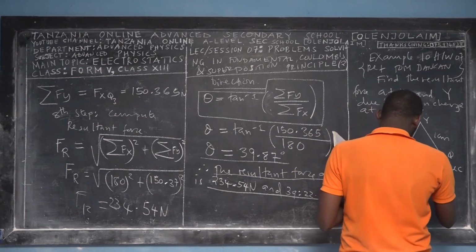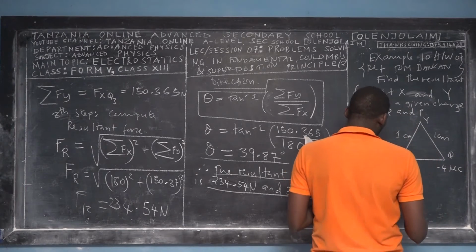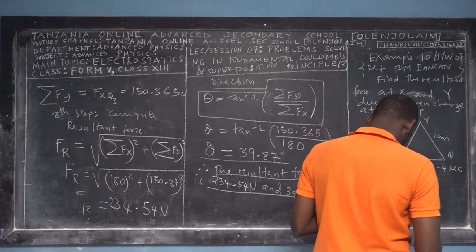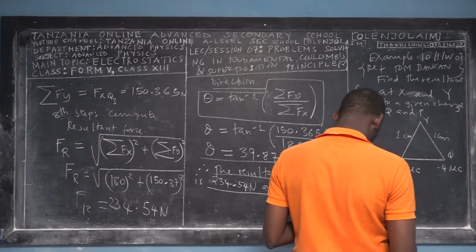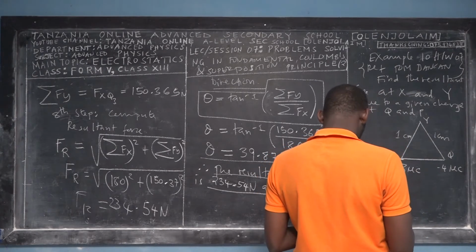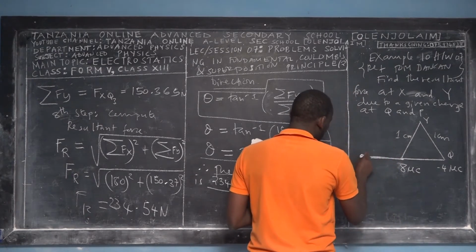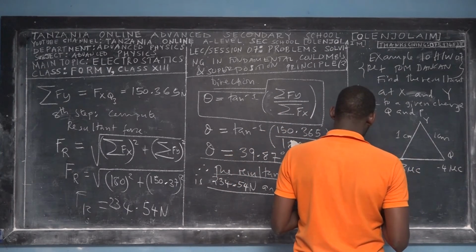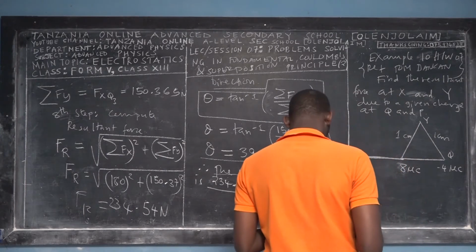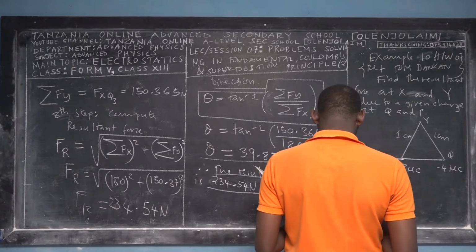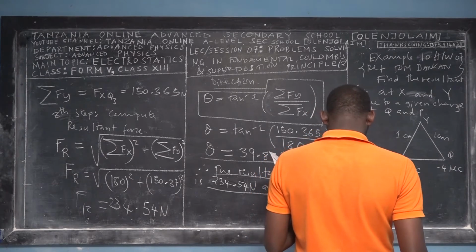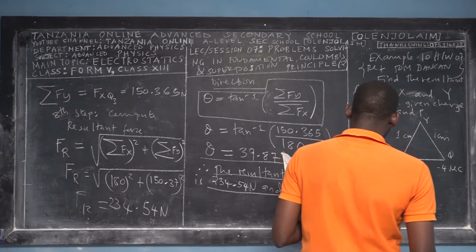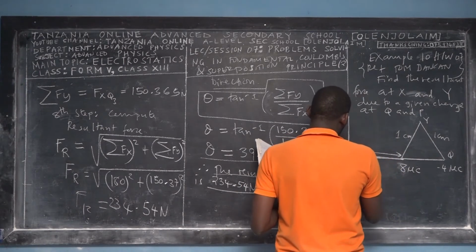This is -4 Coulomb. This is 8 Coulomb. This is the X. So Y, X, the distance from here to here is 1 centimeter.